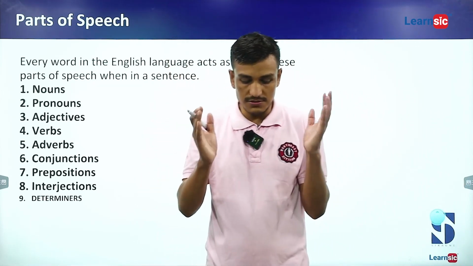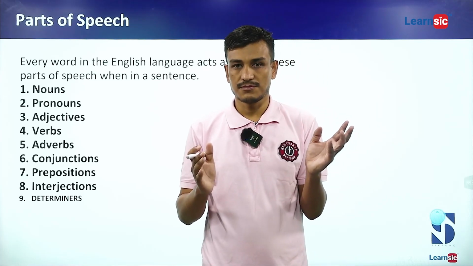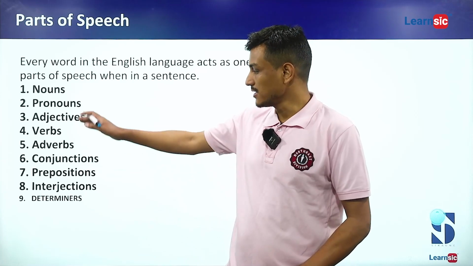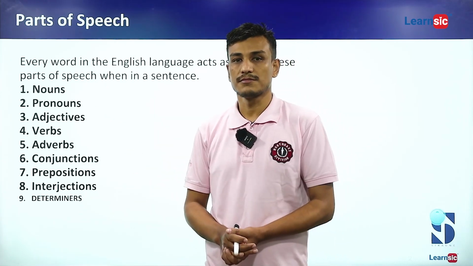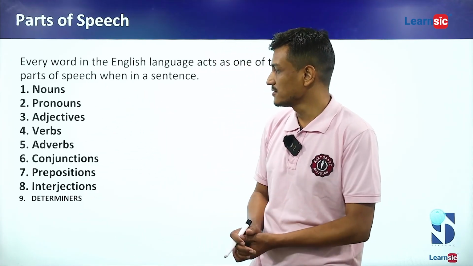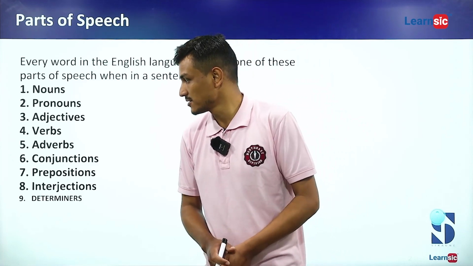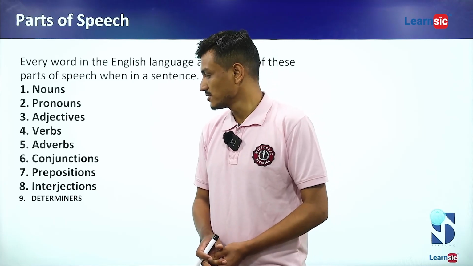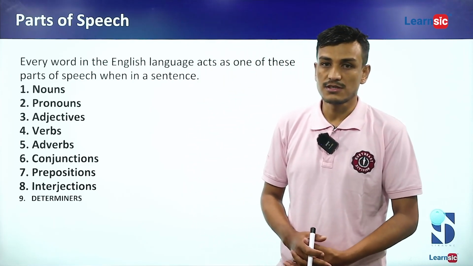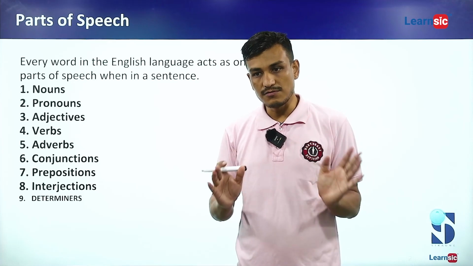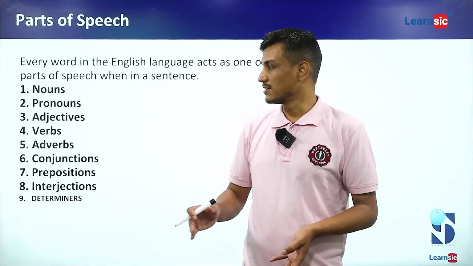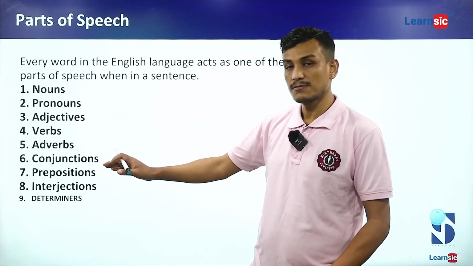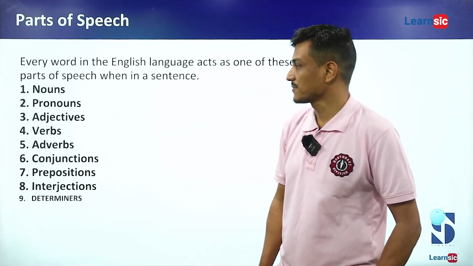The words we say in English are any one of these nine: nouns, pronouns, adjectives, verbs, adverbs, conjunctions, prepositions, interjections, and determiners. Whatever words we see, they fall under the items listed here.